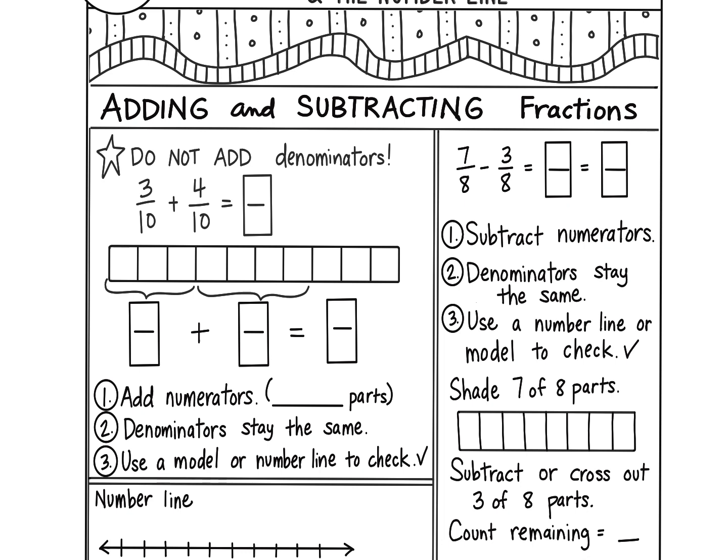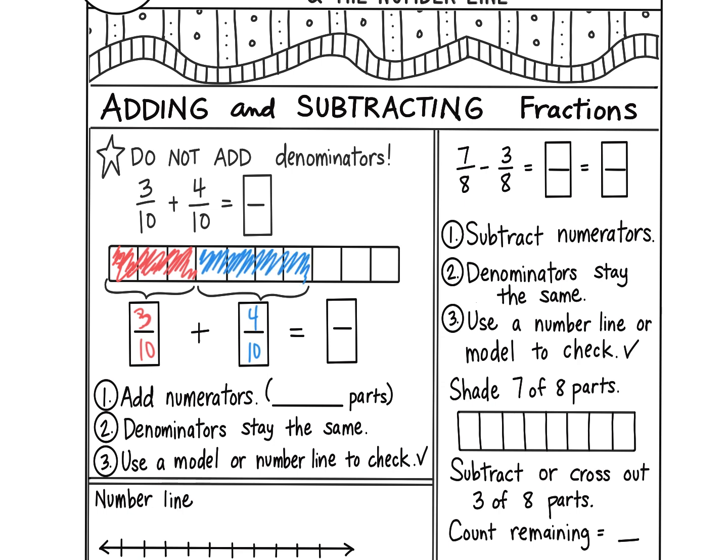If I look at 3/10, and I'm using a model, then I would shade 3 of these 10 pieces. Then, if I add 4/10 to it, I'm going to continue shading.